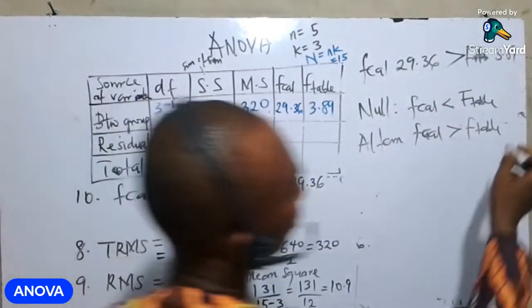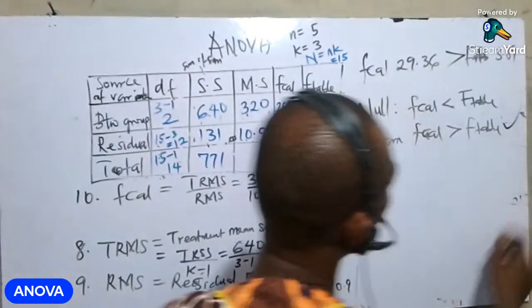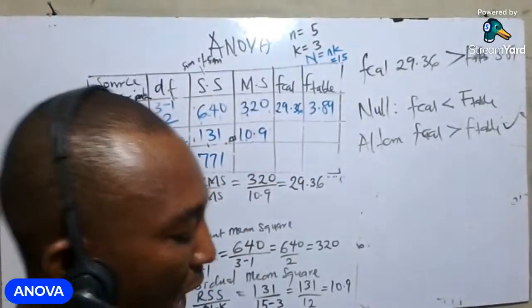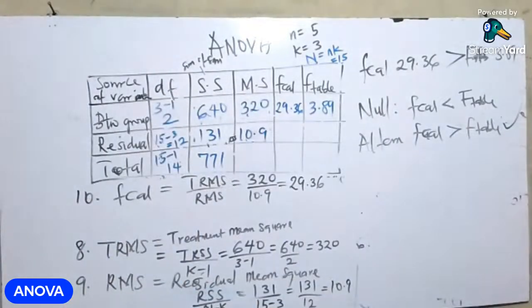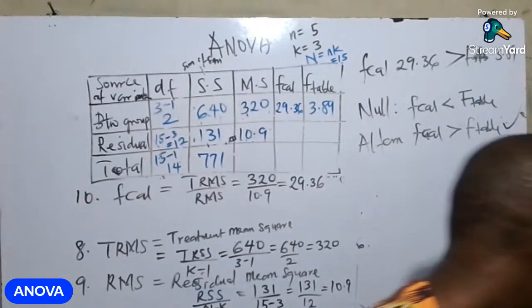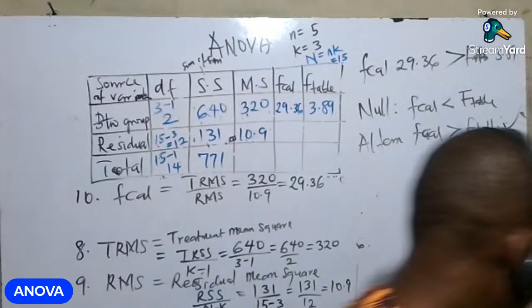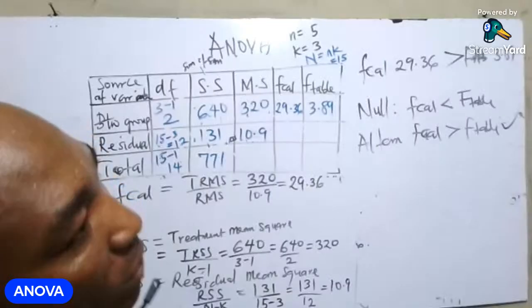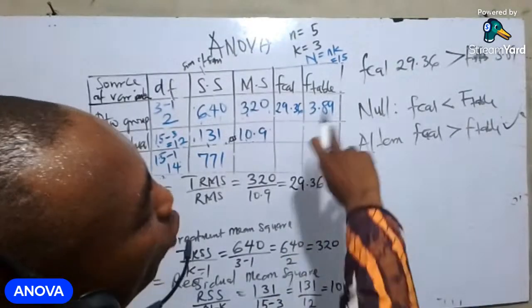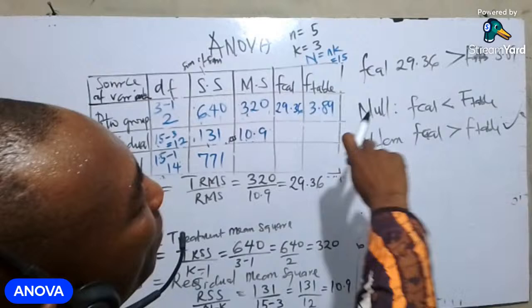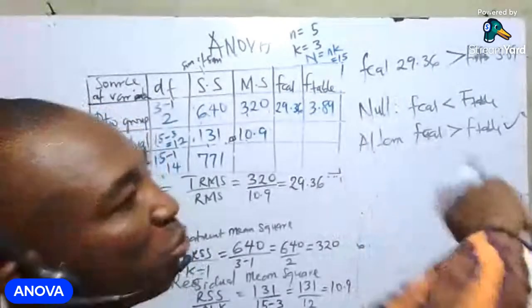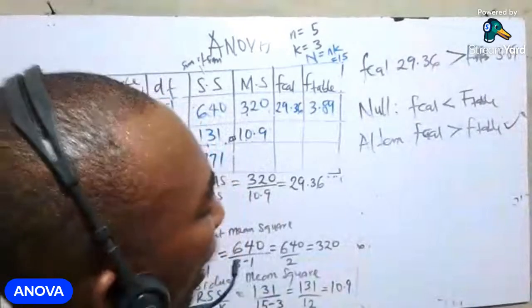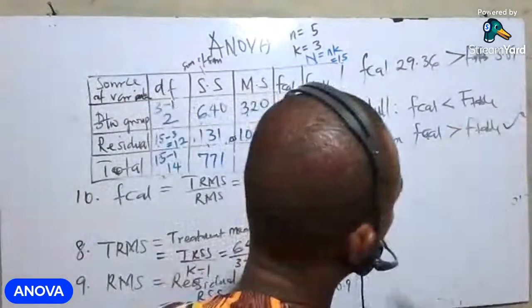So you take the alternative hypothesis. You still remember the hypothesis? The null hypothesis is that the group means are equal. The alternative hypothesis is that the group means are not equal. So you are going to take the alternative hypothesis.